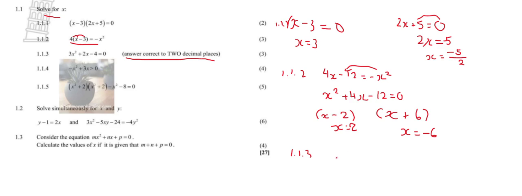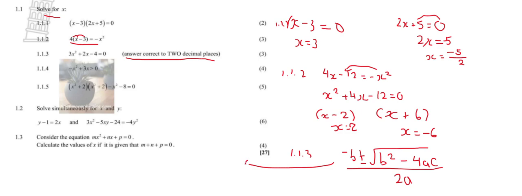So this is your quadratic formula: x equals negative b plus or minus the square root of b squared minus 4ac, all over 2a.